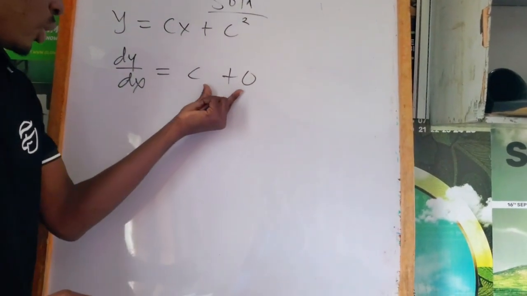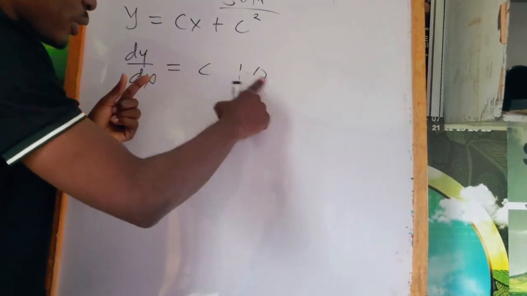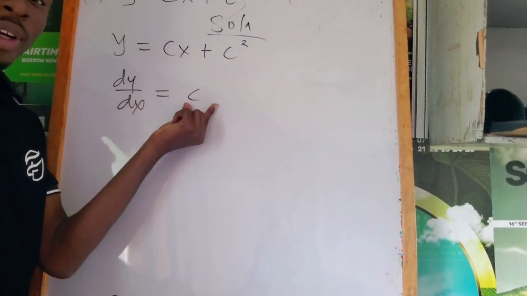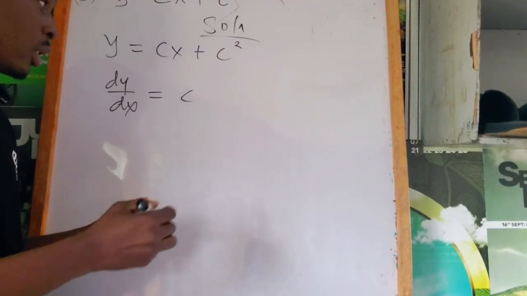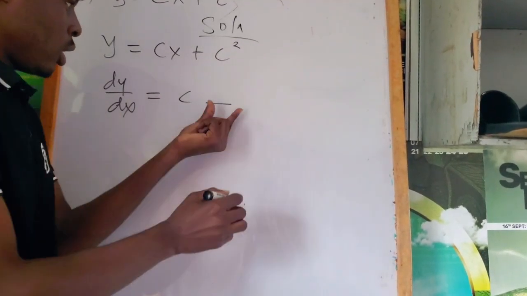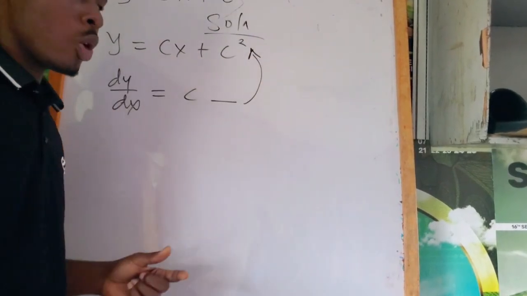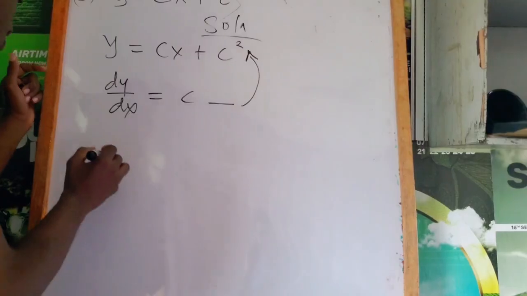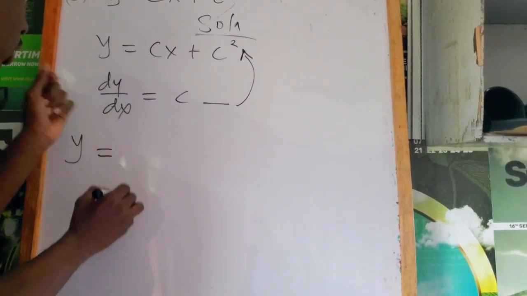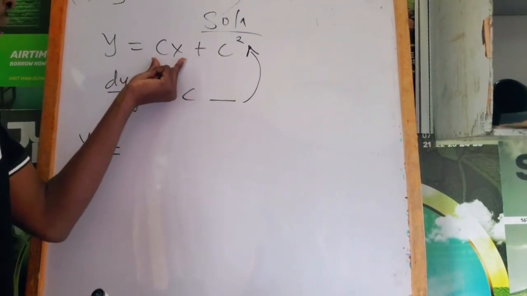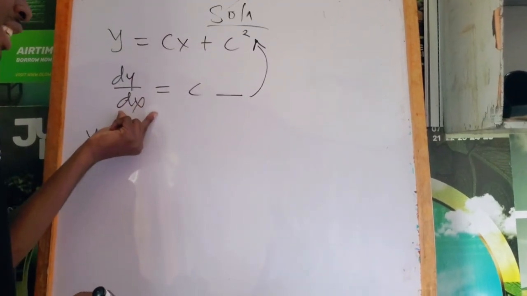Now, what do we need to do? We don't need to do anything else, because right now we found the value of c, and the only thing left is to substitute c back into this equation to obtain your ODE. So we say y is equal to cx, but c is just dy/dx.